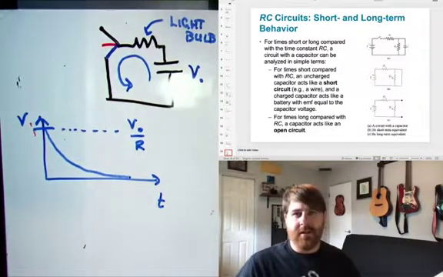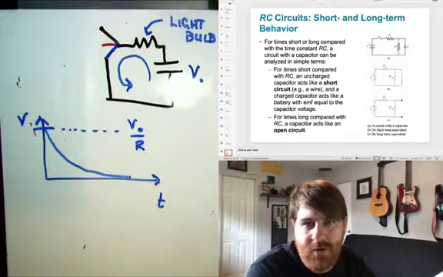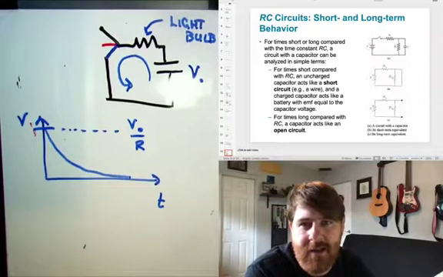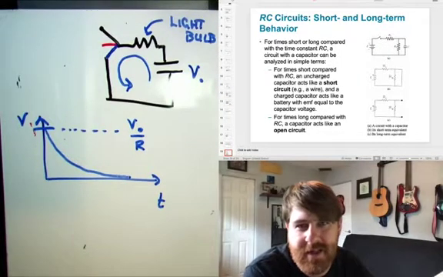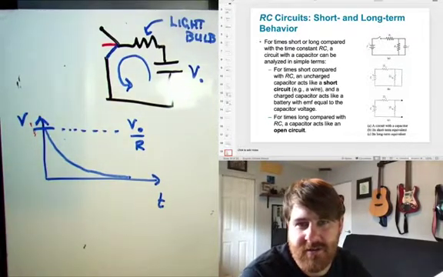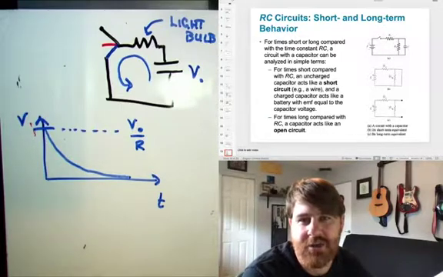Okay, so we can look at the short and long-term behavior for these. For times short or long compared to the time constant, a circuit with a capacitor can be analyzed in simple terms. If we are flipping a switch or something like that on very short time scales compared to the RC, the uncharged capacitor acts like a short circuit.